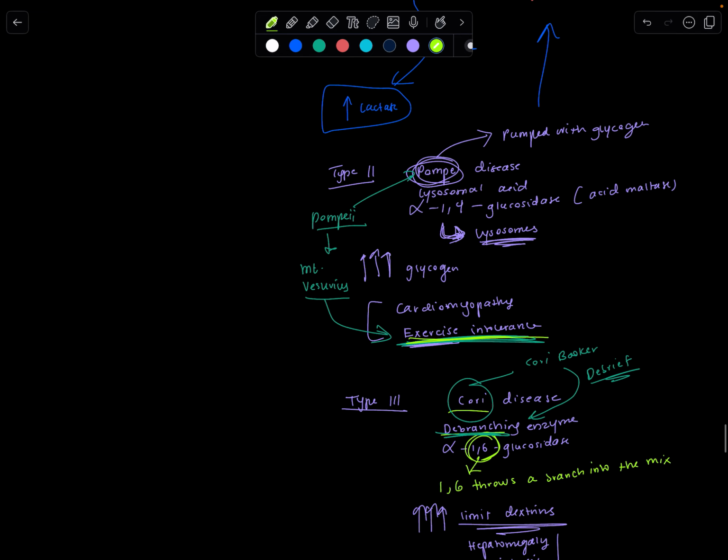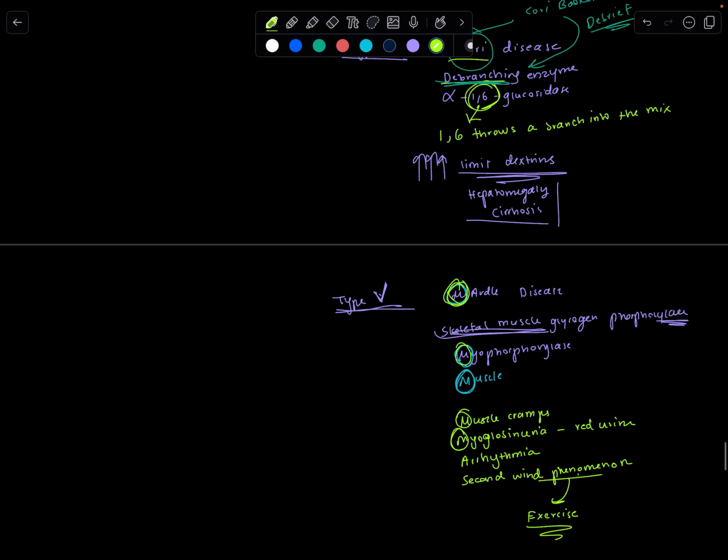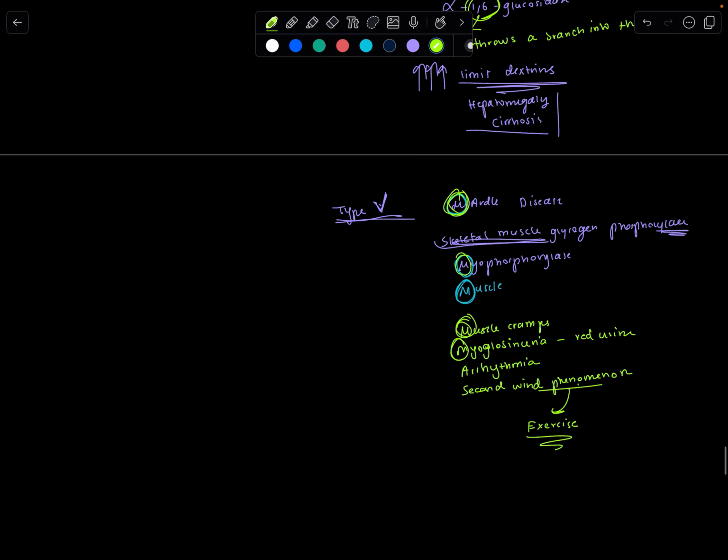And Pompe does not have an M in the beginning, it has a P in the beginning, so we're going to just associate that with pumped lysosomes with the glycogen. And McArdle, since it has the M right in the beginning, we're going to associate that with muscle cramps, myoglobinuria, second wind phenomenon during exercise, and myophosphorylase.